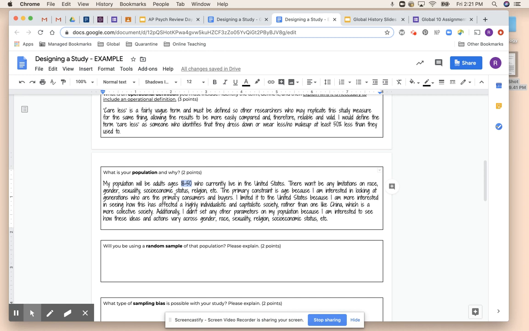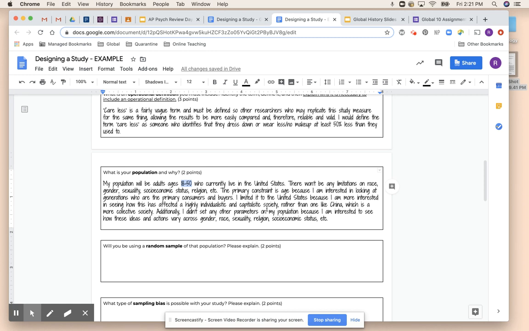And I'm talking about makeup and clothing. So that really has to deal with things that you can buy. I limited it to the United States because, well, one, that's where I live, so I'm interested in it. But I'm also interested in seeing how this has affected a highly individualistic and capitalistic society like ours, rather than the one in China that is a little more collective.